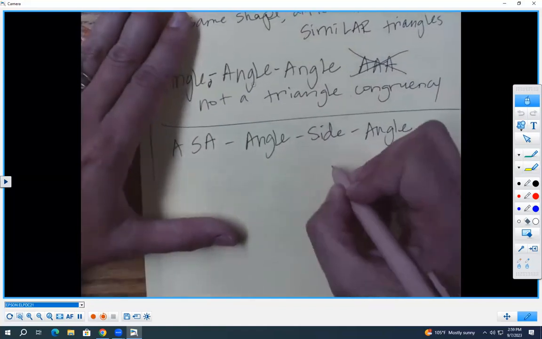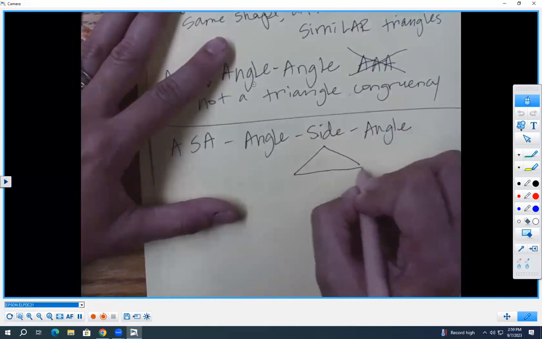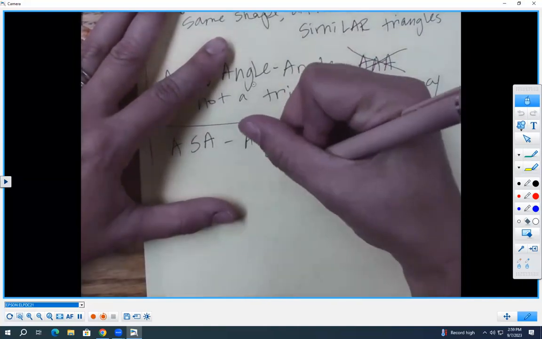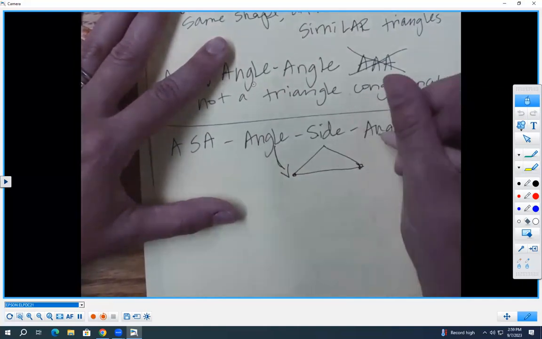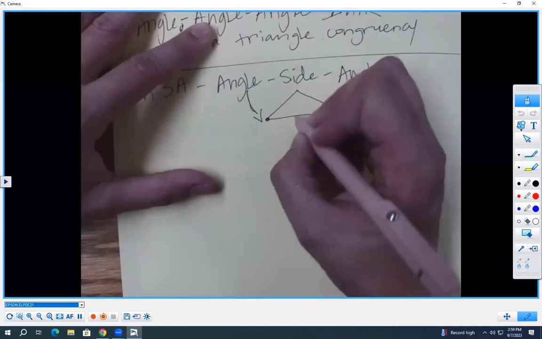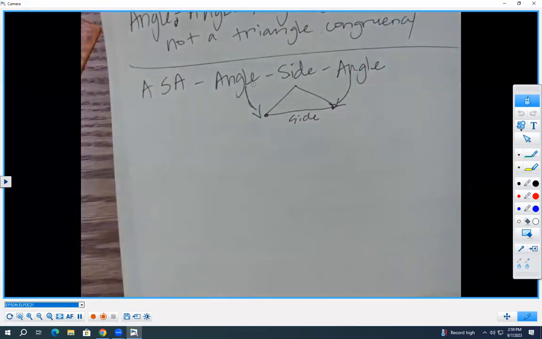Okay, so if I had some triangle here, and this is the angle right here, and this one is referring to this angle right here, guess which side it's going to be? The one on the bottom, the included side is what that's called. So the side that is touching both of the other angles.